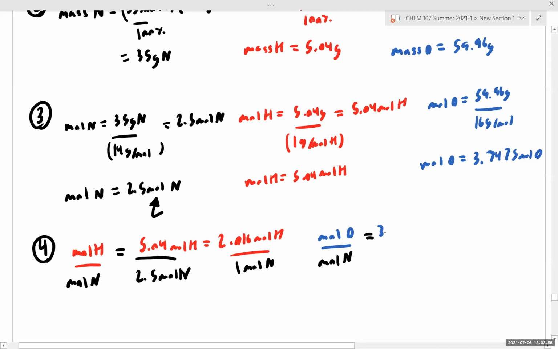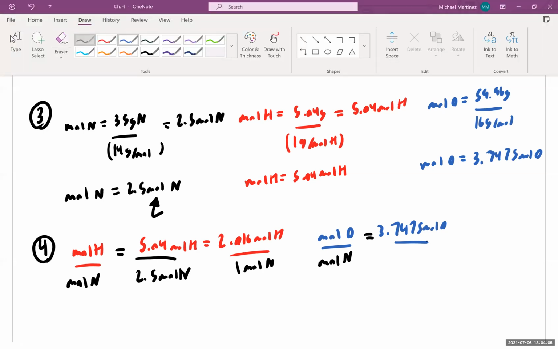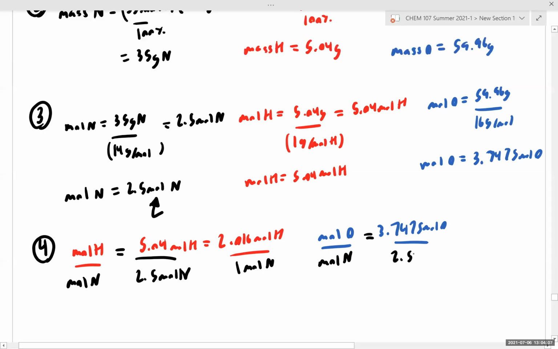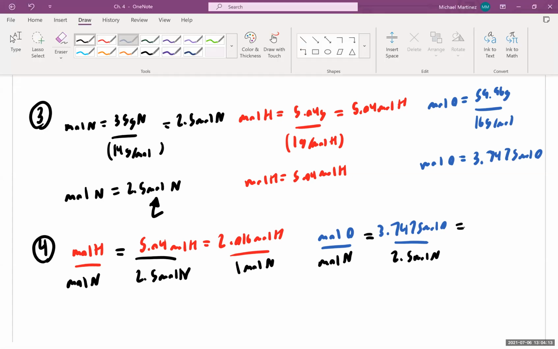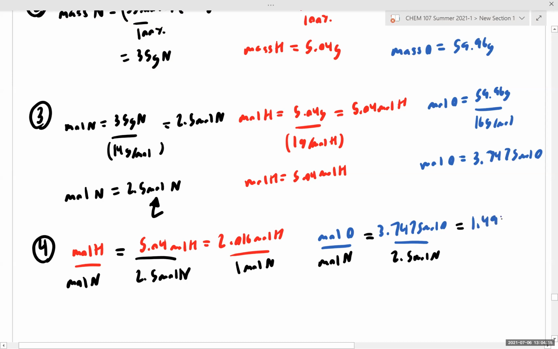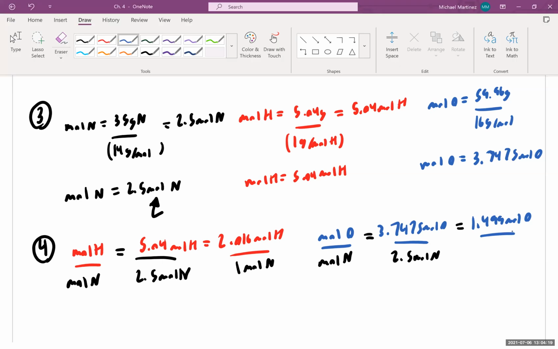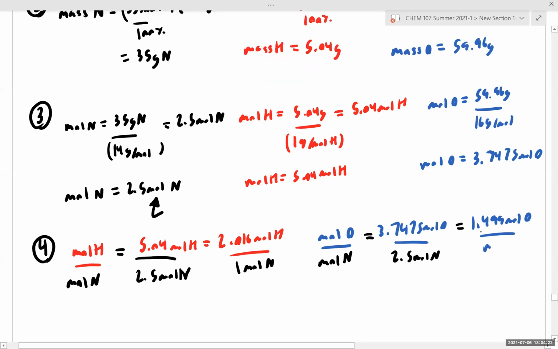We take our moles of oxygen, which is 3.7475 moles of oxygen, over our 2.5 moles of nitrogen. That in turn gives us 1.499 moles of oxygen per 1 mole of nitrogen.